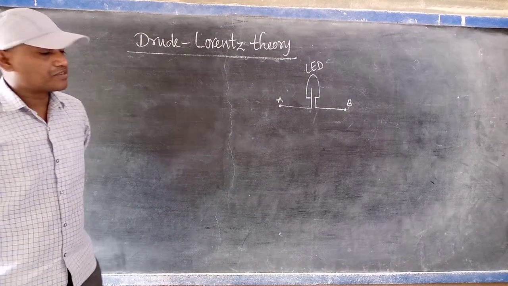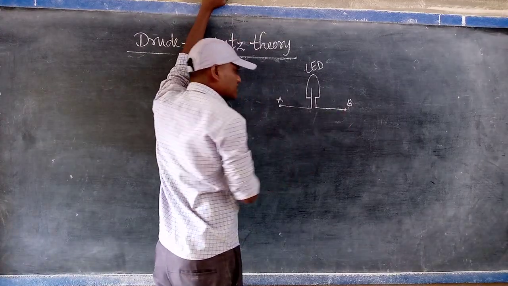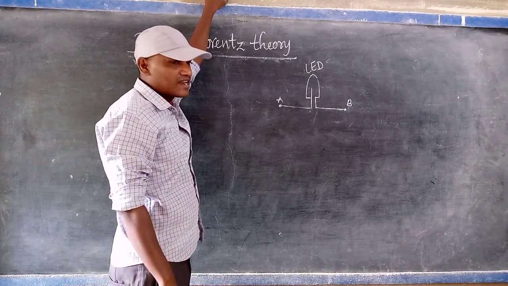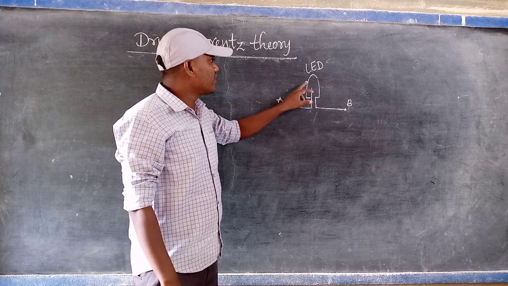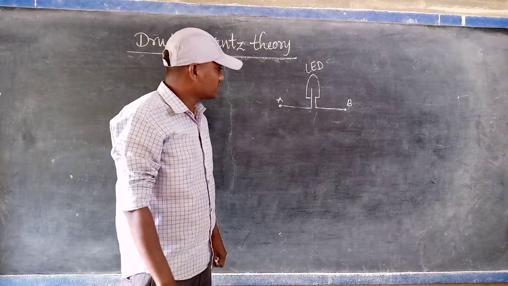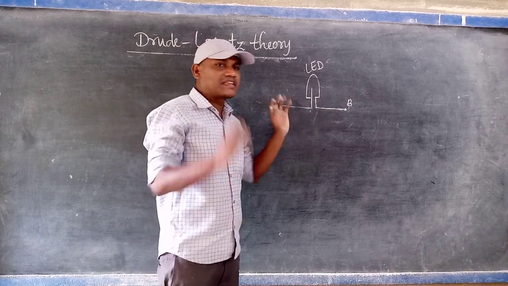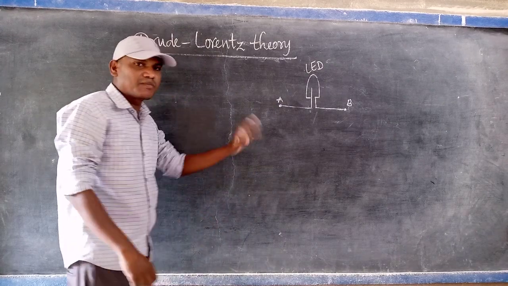So it is a circuit. In the circuit AB, this represents the conducting material or conducting wire, like a copper wire. An LED bulb is connected to the copper wire, but the two ends of the conducting wire are not connected to any external source, nothing but a battery.